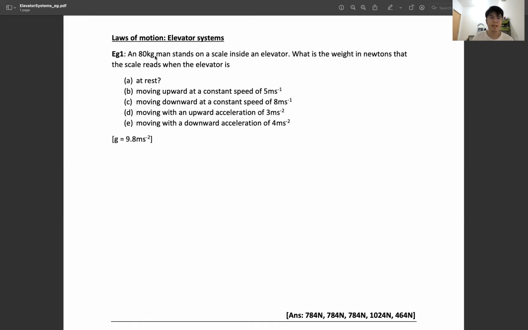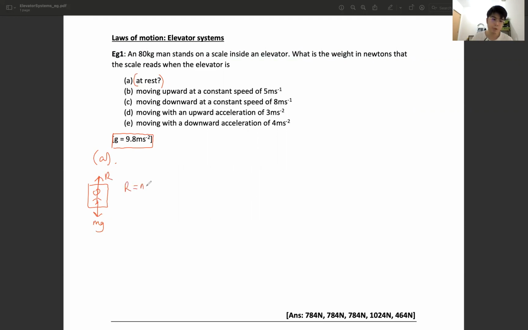Okay, an 80 kg man stands on a scale inside an elevator. What is the weight in newtons that the scale reads when the elevator is at rest? At rest, we use g equals 9.8. So when it is at rest, forces are balanced. Okay, so R is the same as mg.